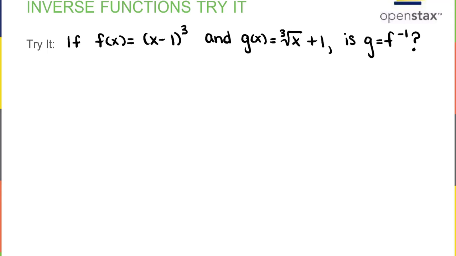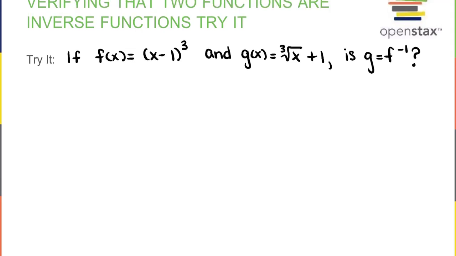Okay, so let's start by finding f of g of x. f of x is really (x minus 1) to the third, and x in this case is really the cube root of (x plus 1).